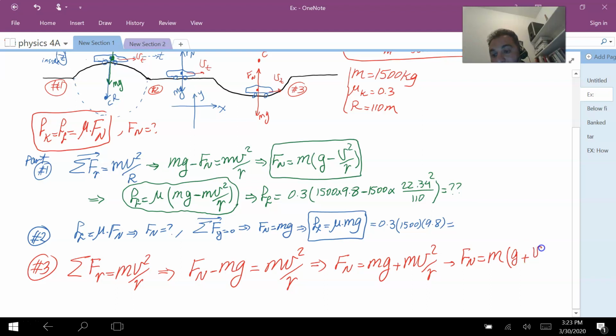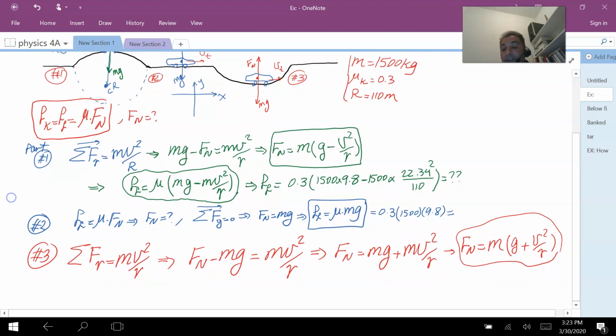Very similar to finding apparent weight of a person inside an elevator if the elevator goes up or down. Therefore, friction force becomes mu times mg plus mv squared over r.